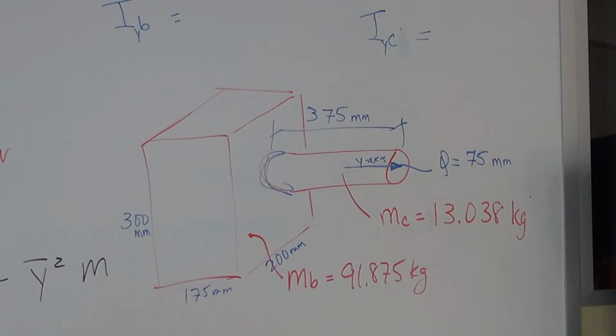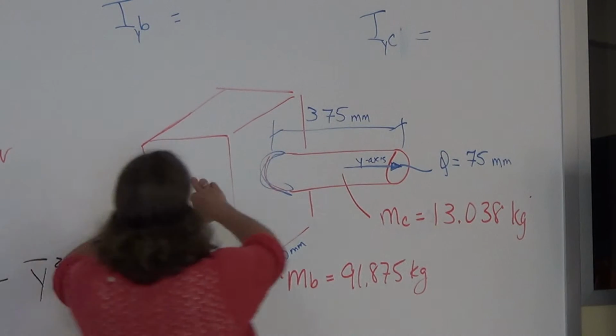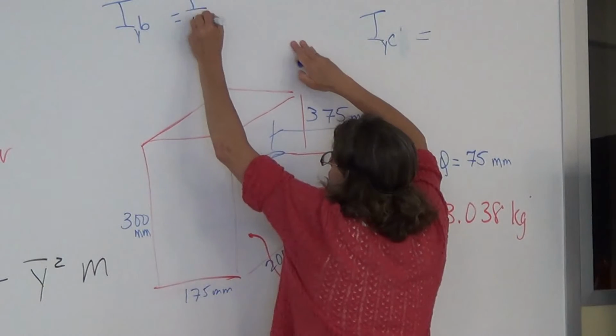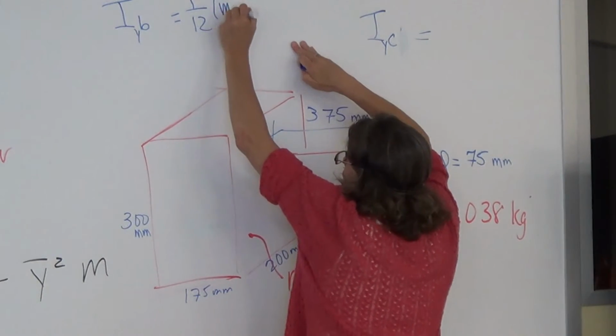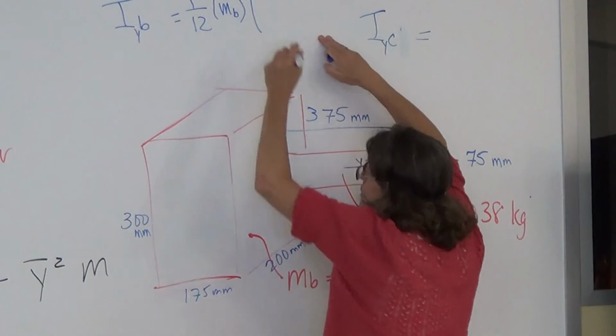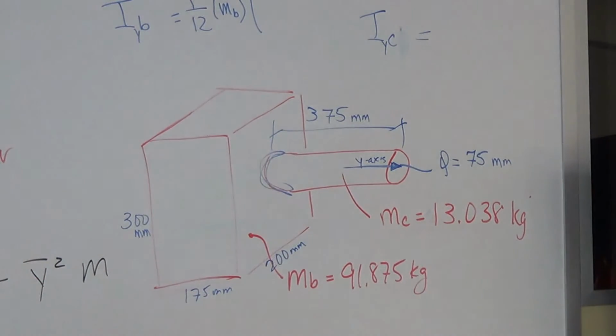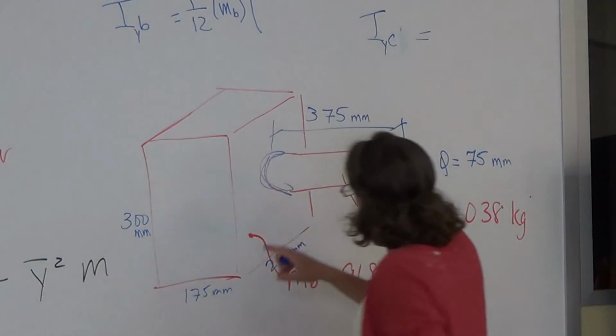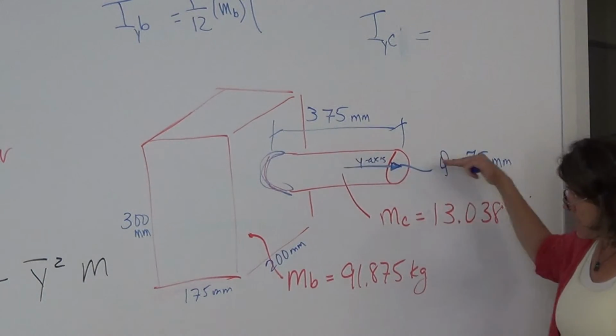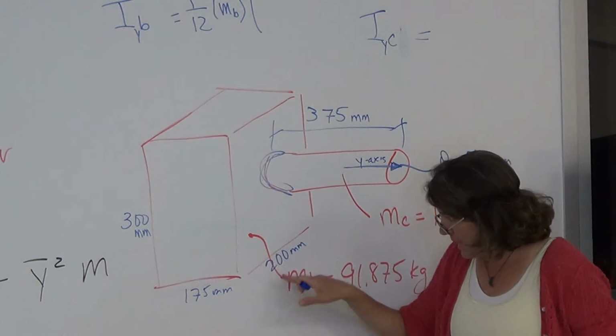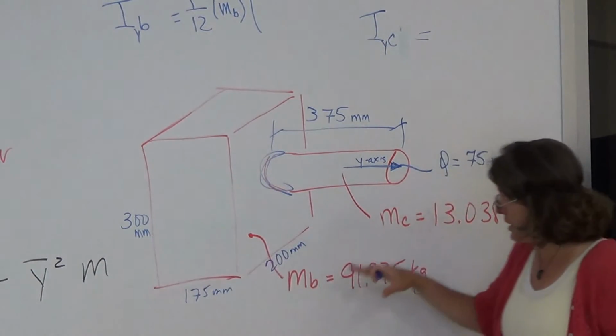Okay? So in this particular case, the moment of inertia about the block is going to be 1/12 times m of the block times what? So it's squared plus squared. So look at where the y-axis is, and look at our dimensions. We have a 200, we have a 175, and we have a 300.